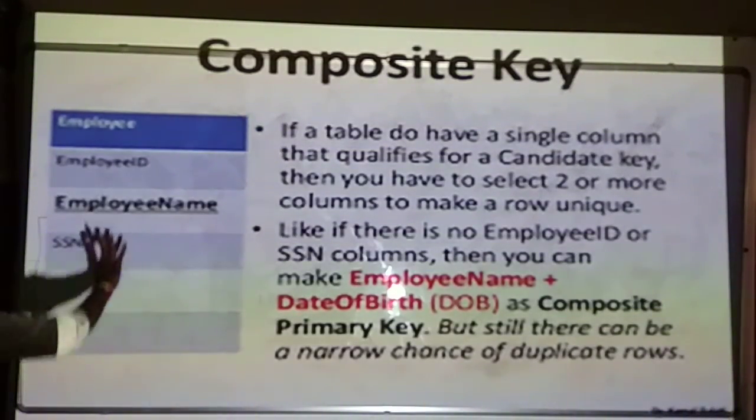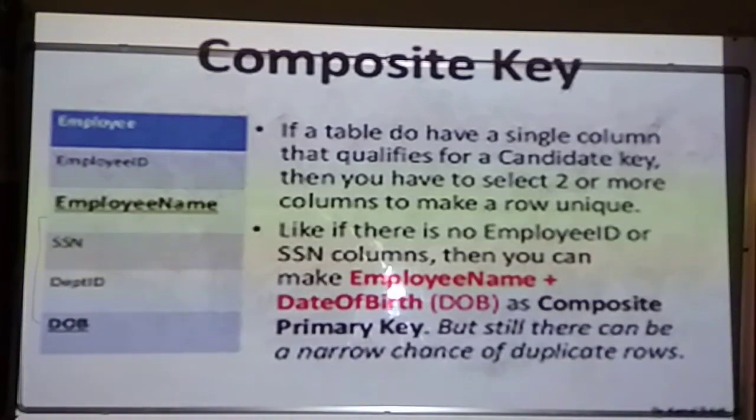When you have a combination of attributes to prepare that key, such combinations are called composite. If there is no employee ID, SSN column and department ID column in this table, then you can select employee name and date of birth. Or else, mobile number.